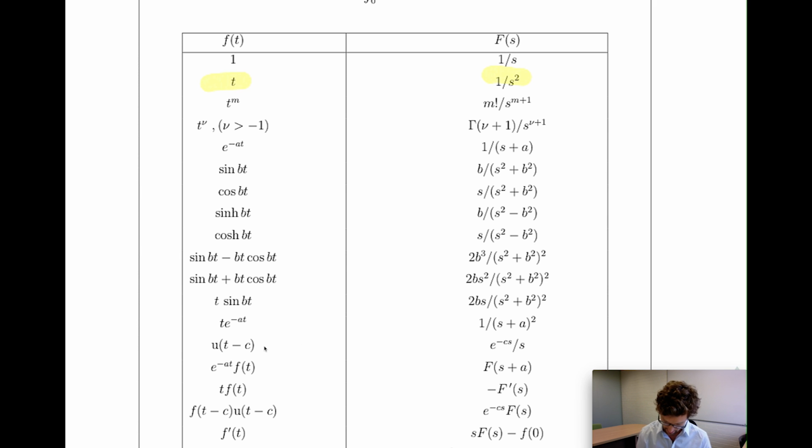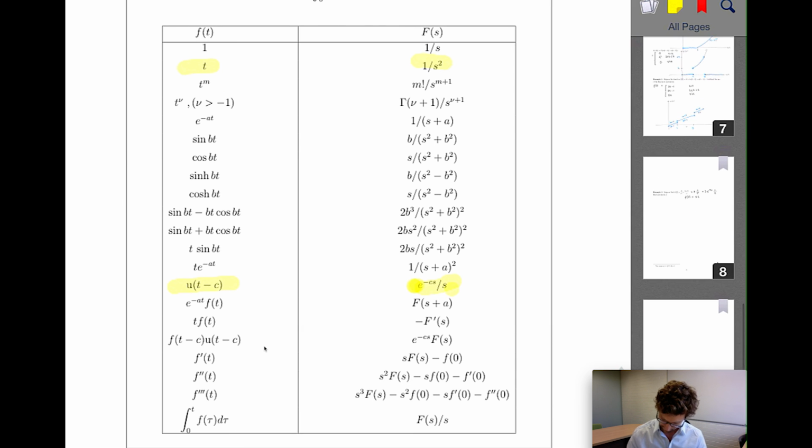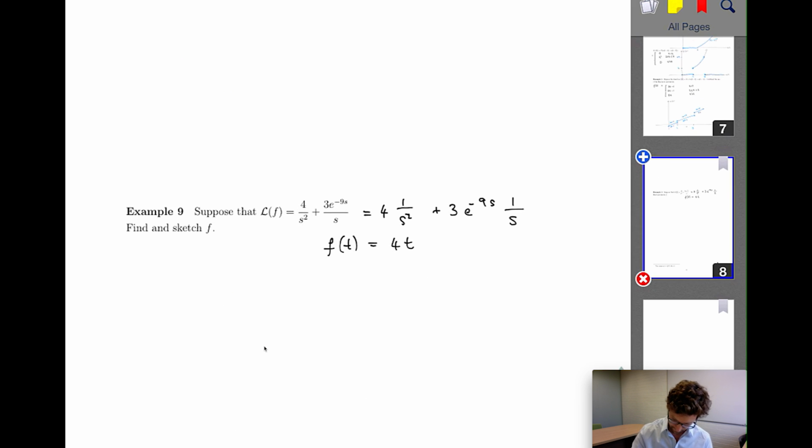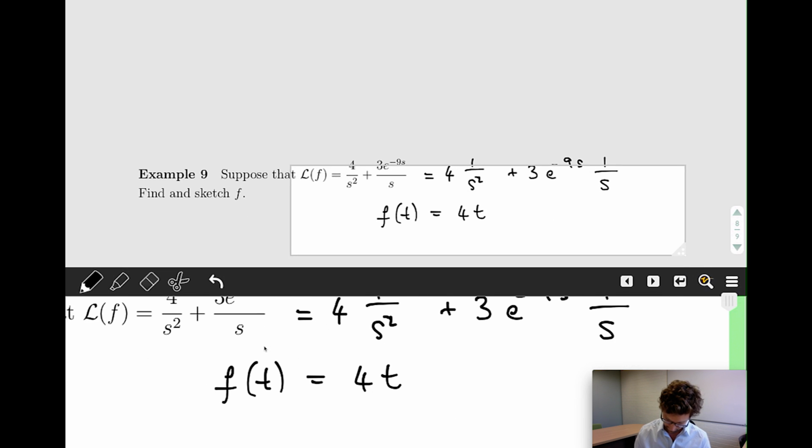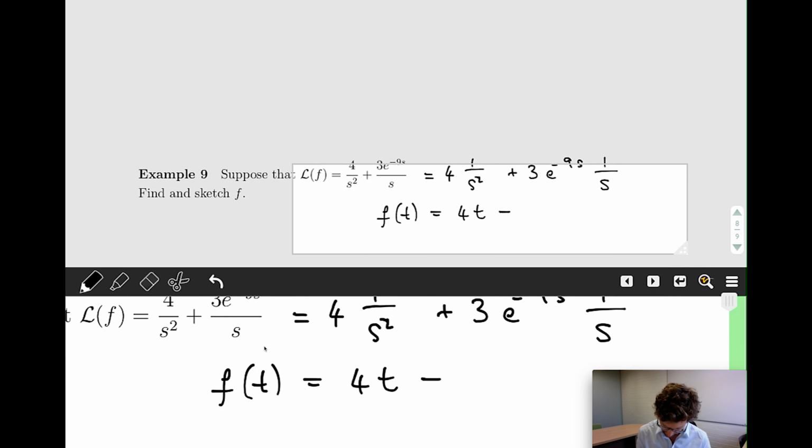So this is actually precisely the definition of the Laplace transform of the Heaviside. So we can use e to the minus cs with c equals 9. So we're going to have plus 3 u of t minus c, and c was equal to 9.